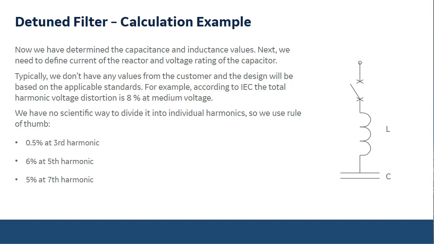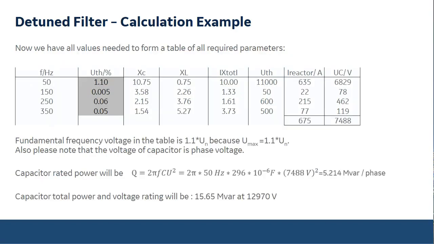Now we know the harmonic spectrum, and we estimate that this is the maximum that can be in the network. As I said earlier, this is the maximum from the compatibility level of equipment, so this is the maximum harmonics that you will have in the network. Now we have all the values, so we can make this kind of table.